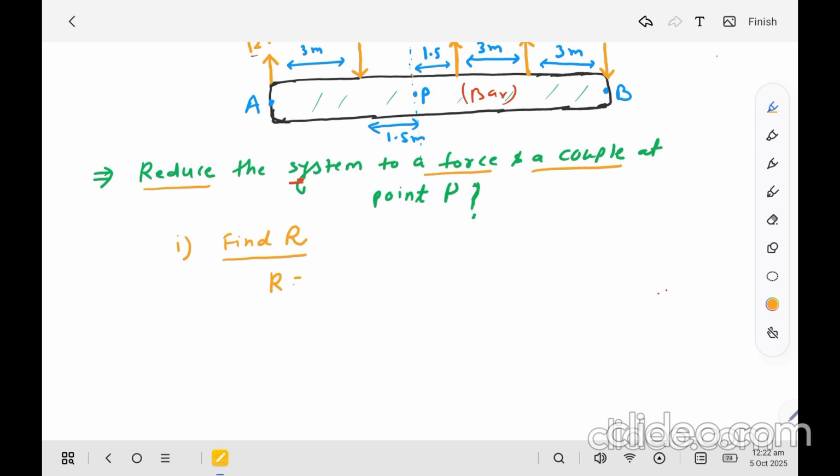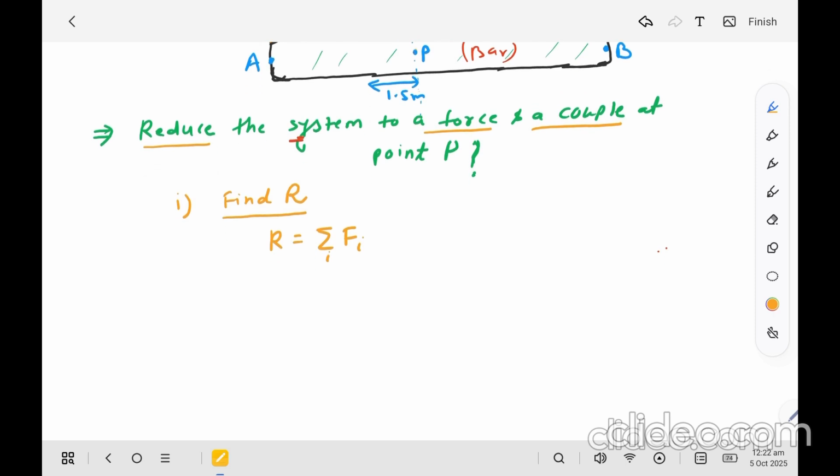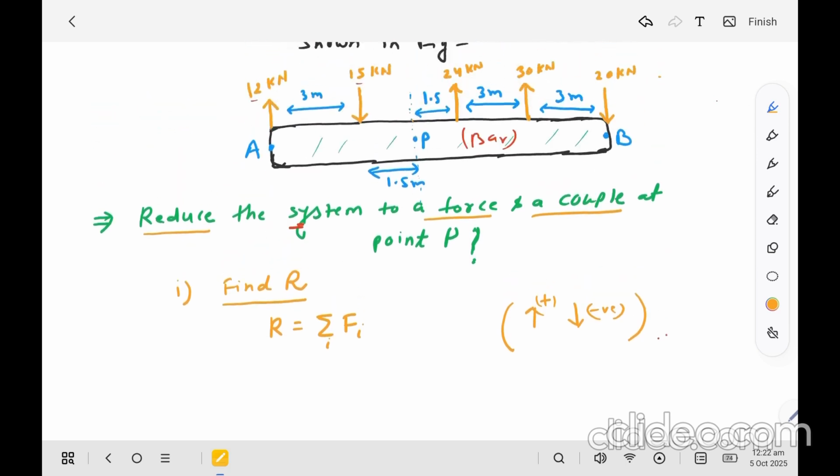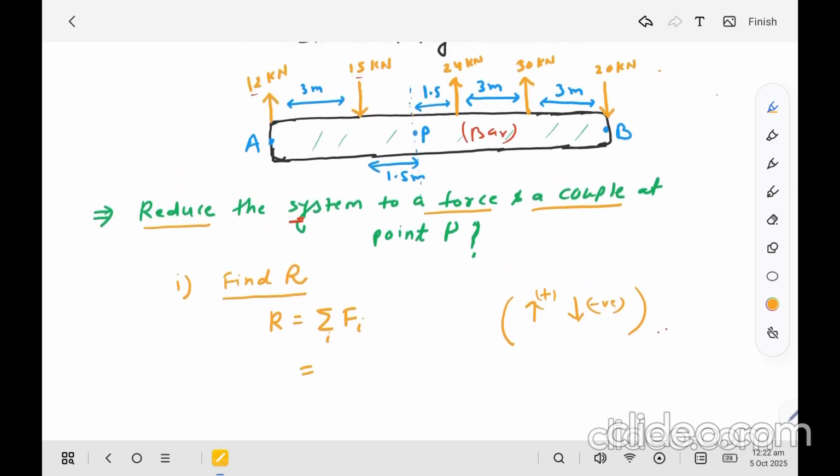So the resultant force is nothing but the algebraic sum of all the forces acting on this bar, and in this case we will use the positive sign here, and for this direction we will use the negative sign convention. Okay, so 12 Newton is in upward direction, plus 15 in downward direction is negative, 24 in upward direction, 30 also in upward direction, and 20 in downward direction.